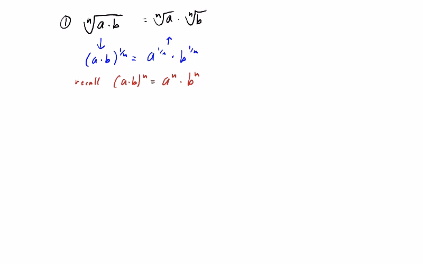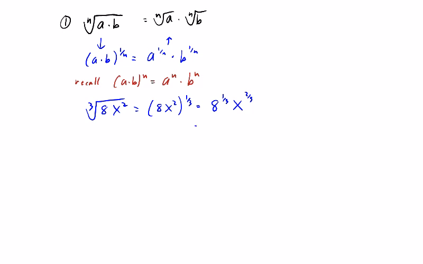Let's say that we had the cube root of 8x squared. So if we rewrite this as 8x squared to the 1/3 power, it becomes a little bit more obvious what we should do. We can say that we have 1/3 of a factor of 8 times 1/3 of a factor of x squared. So then what can we do with that?